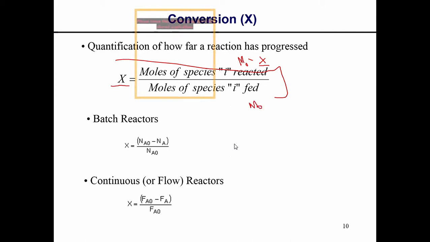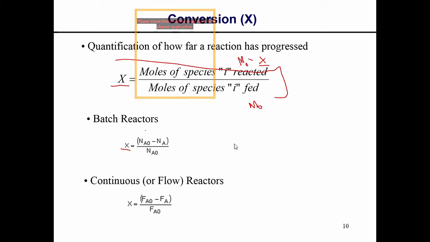So the conversion for each reactor is different. For example, for a batch reactor, the conversion is the initial number of moles minus moles reacted, over the initial number of moles.